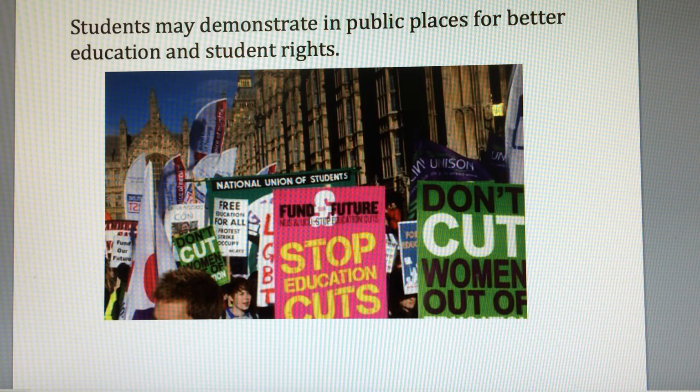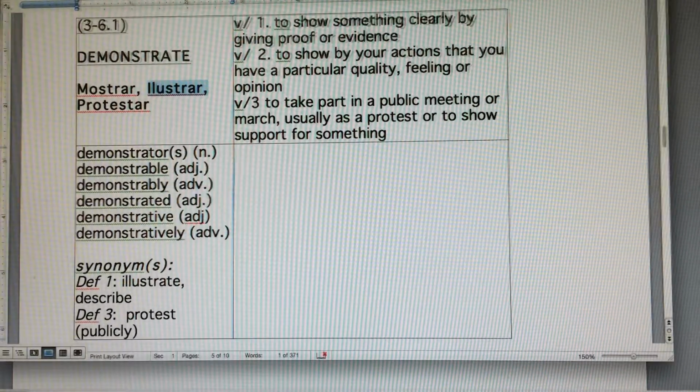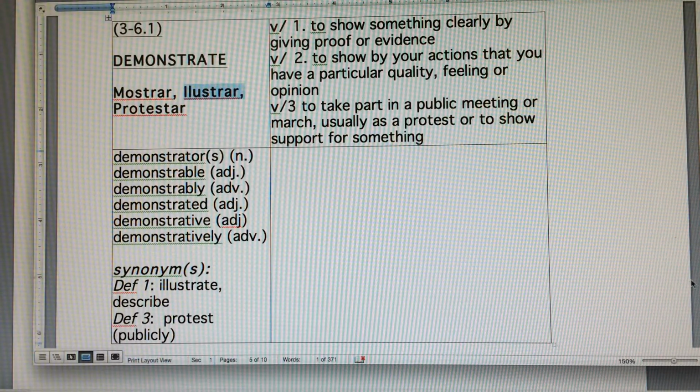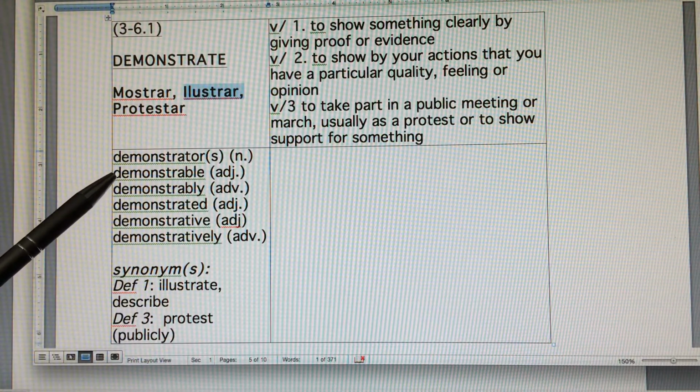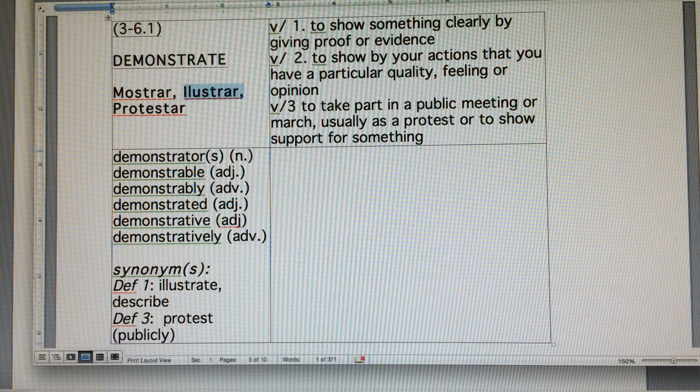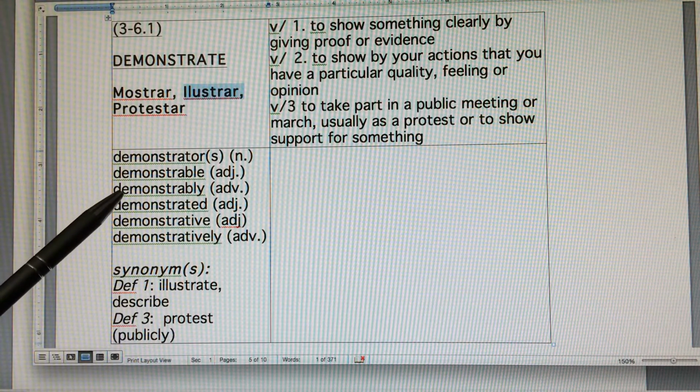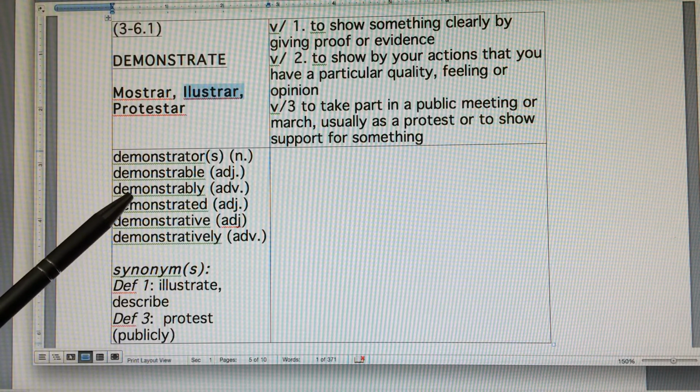All right, so let's look at your familiar words. If you are the person demonstrating, then you are a demonstrator. Something that is able to be shown is demonstrable. And the adverb is demonstrably.